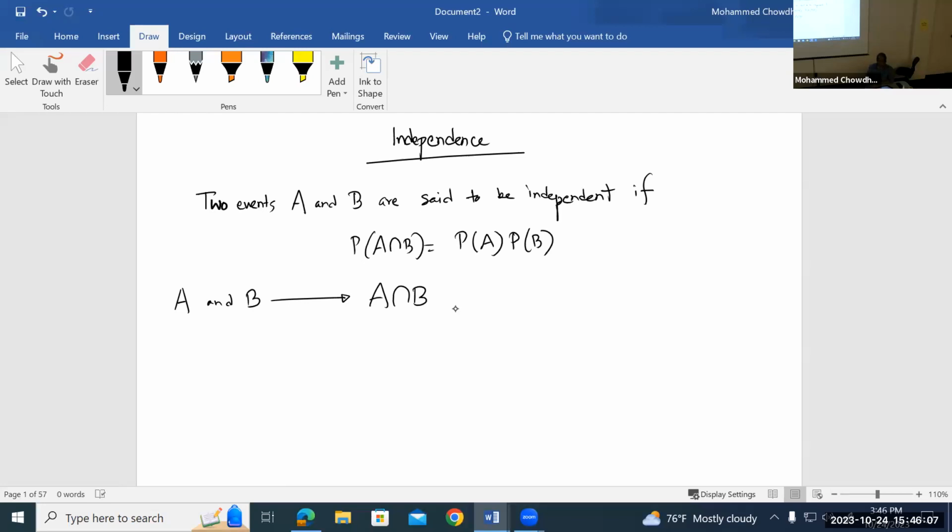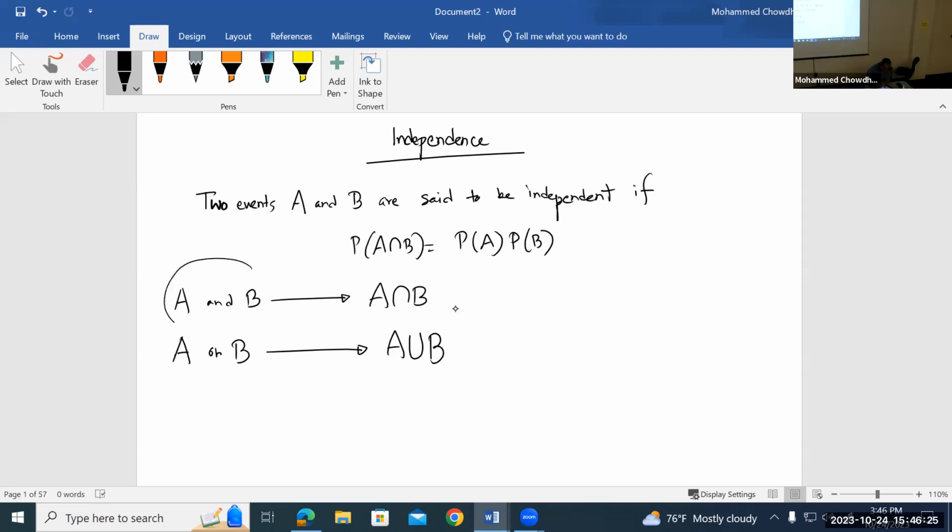And A or B is written like A union B. That was the notation.